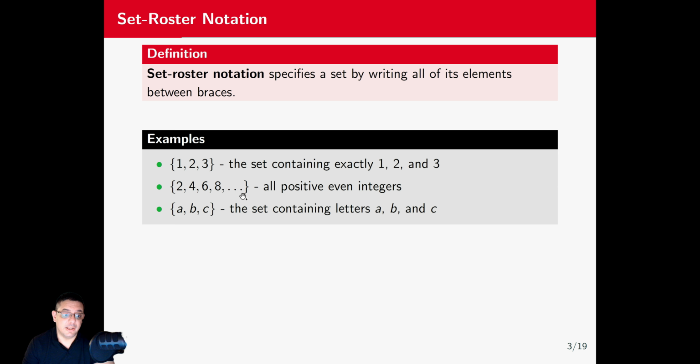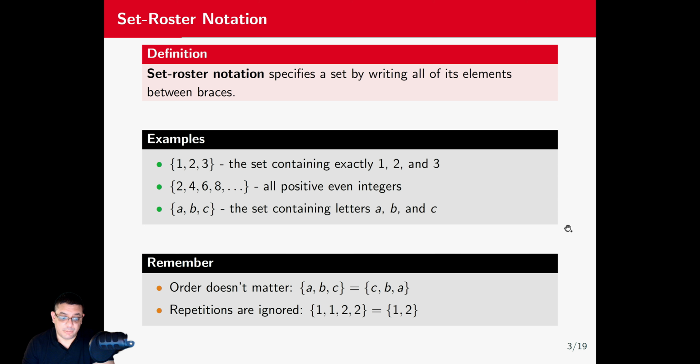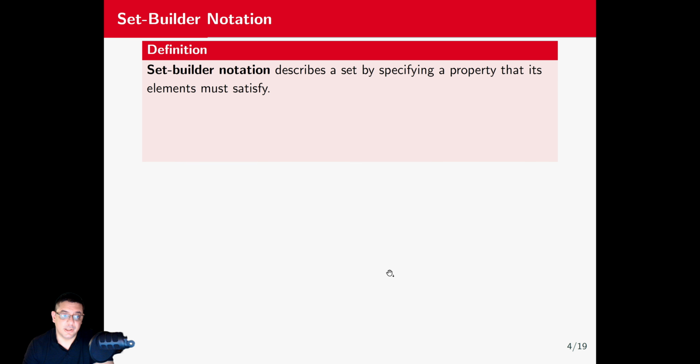The dots imply the continuation of the pattern that we have over here. Now we can also have collections of other things. We have the set {a, b, c} here containing only letters. And once again, regardless of whether it's numbers or letters, order is not going to matter, and repetitions will be ignored when talking about sets being the same.